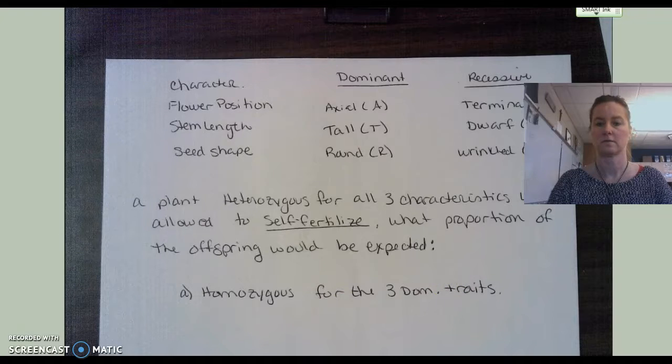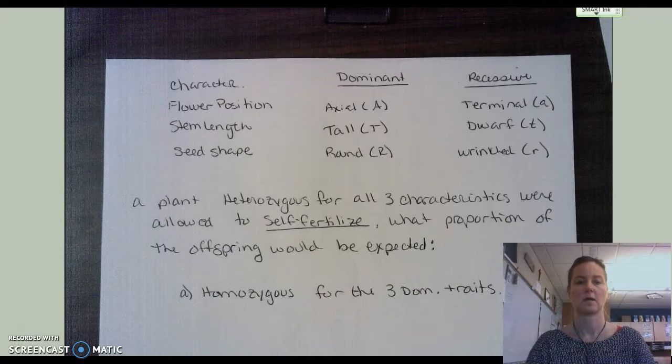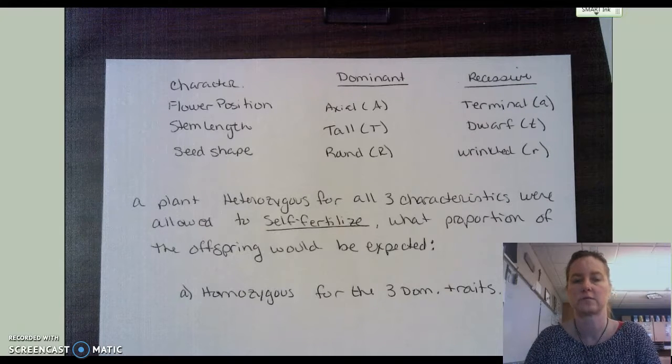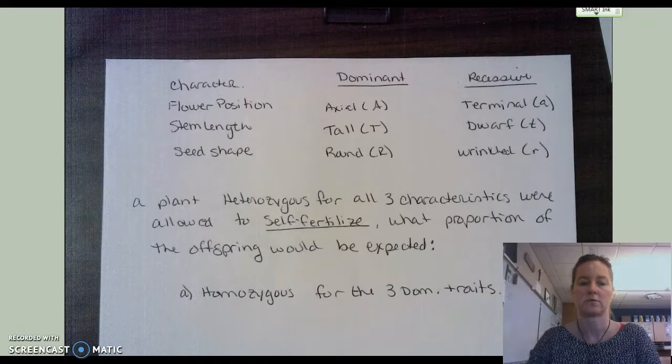So what I have here is a plant that is showing 3 different traits, and each trait has 2 different alleles: flower position, axial or terminal; stem length, tall or dwarf; and seed shape, round or wrinkled. So the question here is reading that a plant is heterozygous for all 3 characteristics.